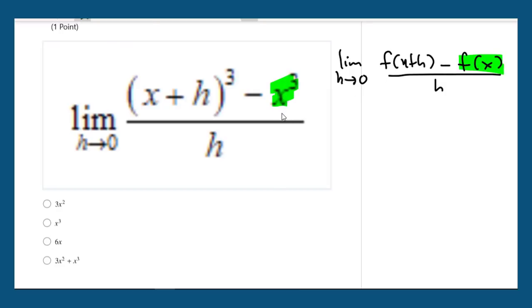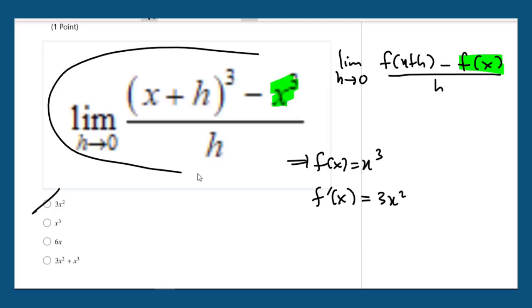We want f(x), and f(x) is equal to x cubed. Then differentiate f for the first derivative. f prime of x is equal to 3x squared, and we get the answer. Why? Because this one is the first principle to find dy/dx. Okay, so that settles number 5.